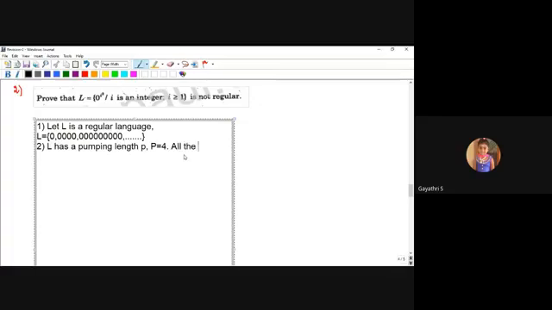The language is a collection of strings, and all the strings in L having length greater than or equal to P can be pumped.